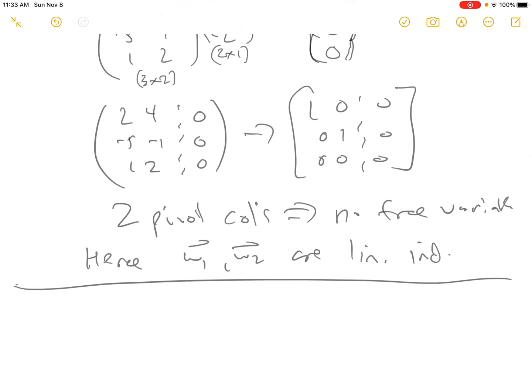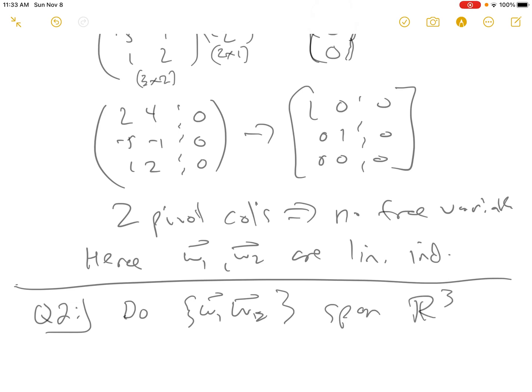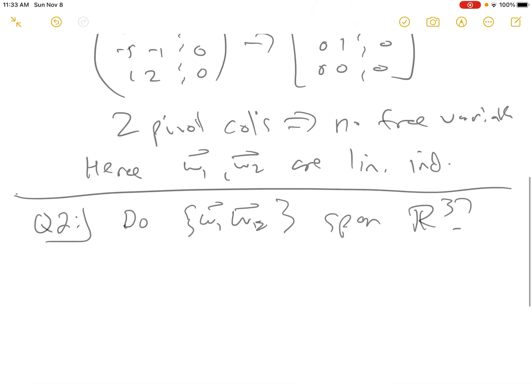Question 2. Do the vectors W1 and W2 span R3? Well, we know they span W, which is a subspace of R3. Is W equal to R3? No, because of the dimension, and here's the full answer.